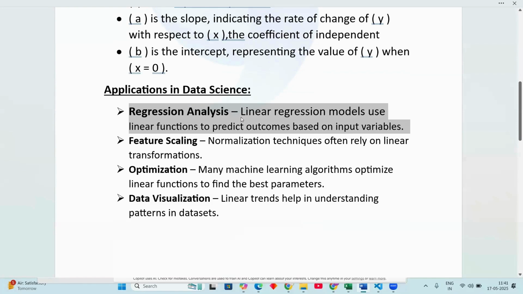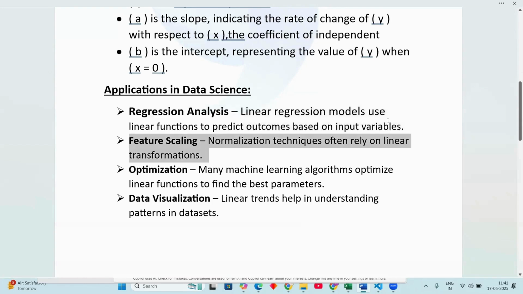Linear regression models are the basic models that use linear functions in data science to predict outcomes based on input variables. Feature scaling means normalizing the data, and the techniques often rely on linear transformations.